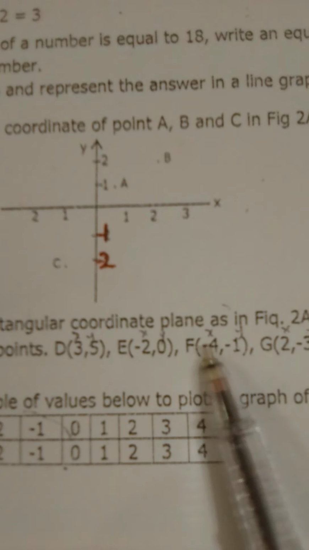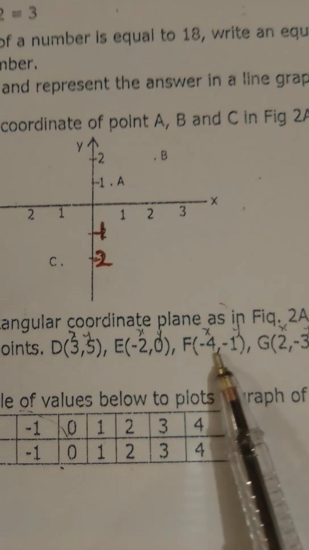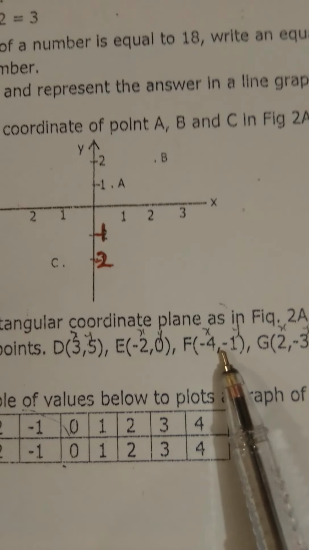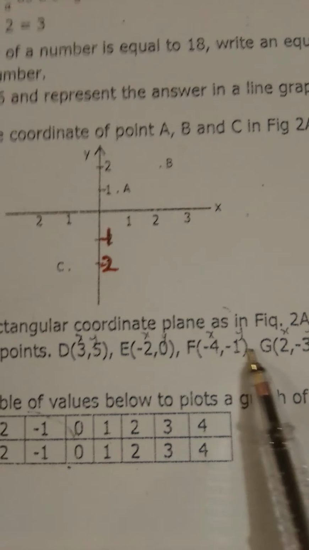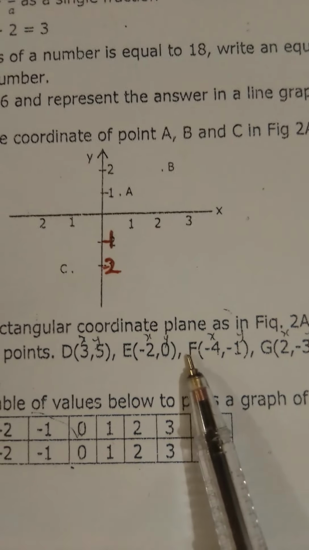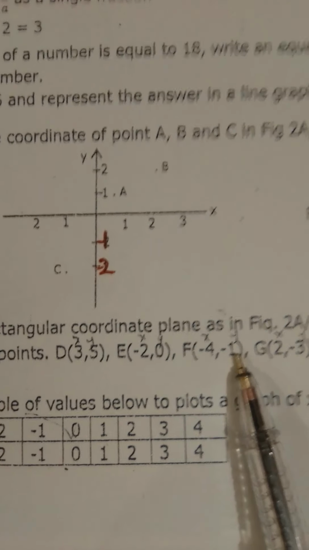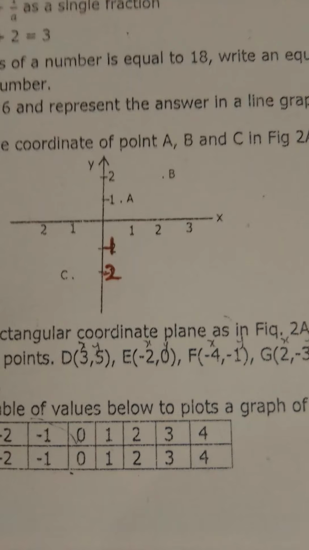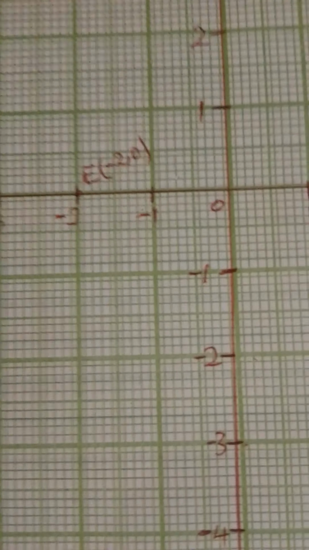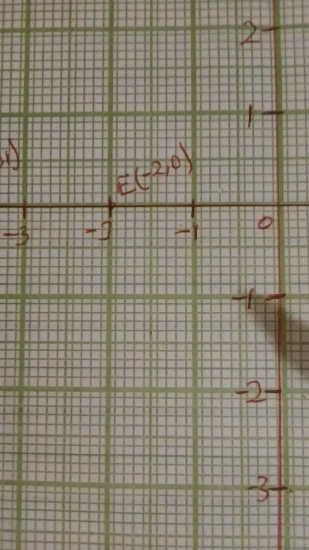The third point on the question is point F. Remember, first is x and then y. X is minus 4, y is minus 1. So we now go to the graph. We pick minus 4 for x.